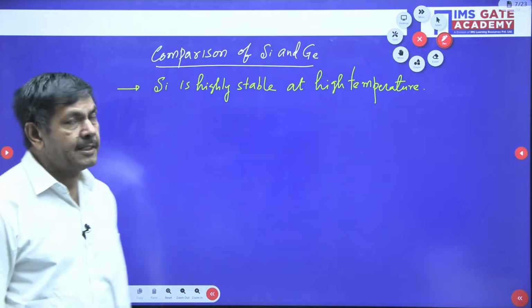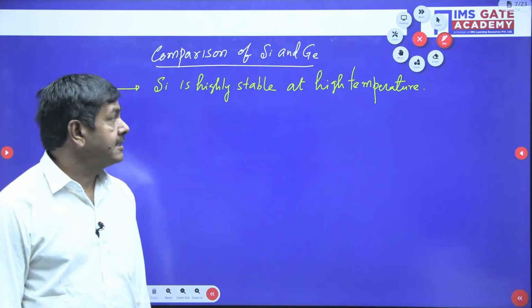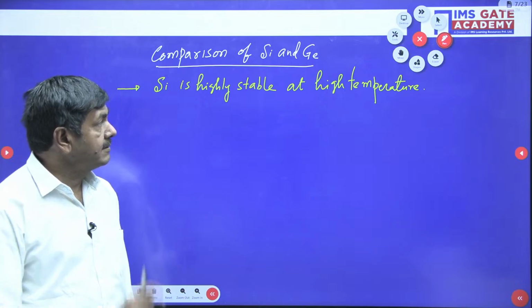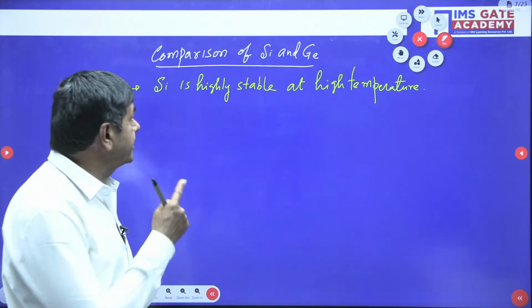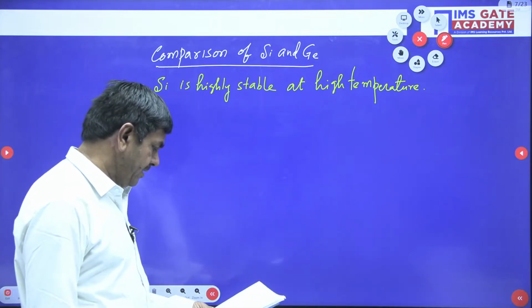Highly stable at temperature means what range of temperature it can maintain, up to what temperature it can withstand, for silicon and germanium.